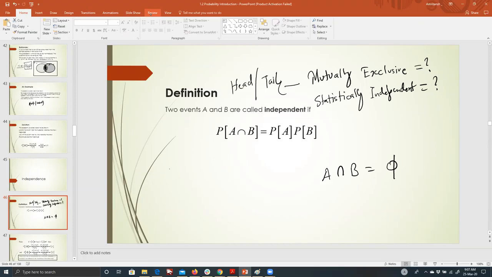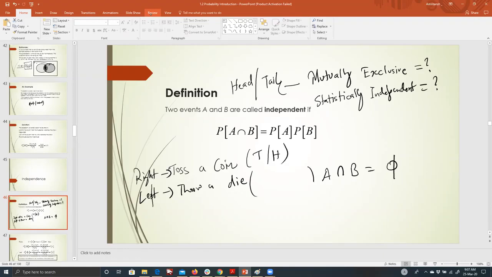Let's say in one hand, I toss a coin, and from the other hand I throw a die. These two events are statistically independent because getting heads or tails would not impact the outcome of the die.